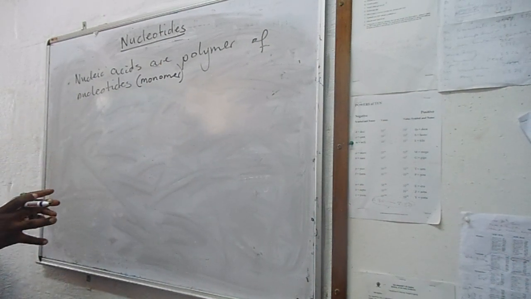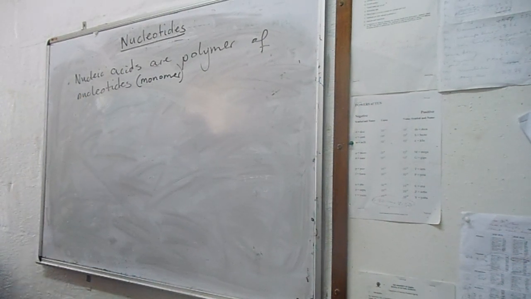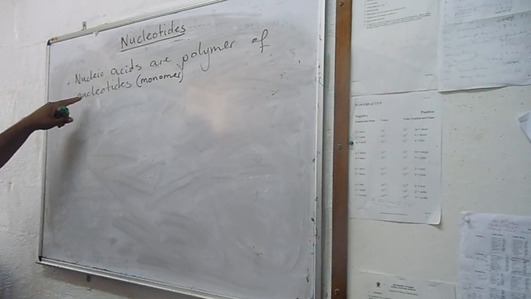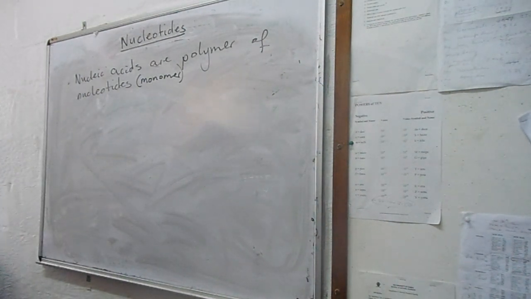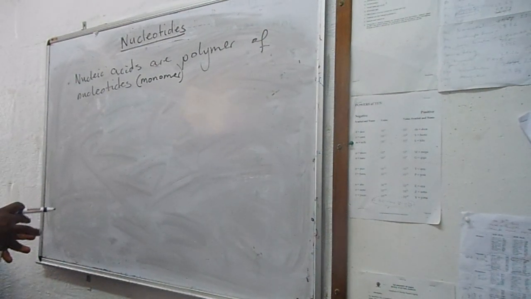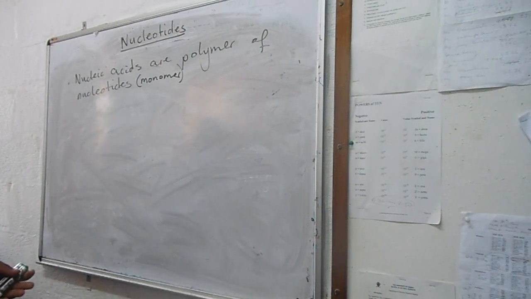So the use of these nucleotides is to produce nucleic acids, so that they can be added together to form nucleic acids. So let's look at how nucleic acids are formed then. How does the polymerization occur?